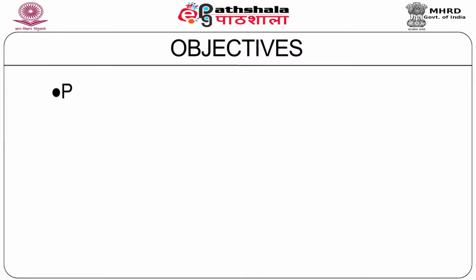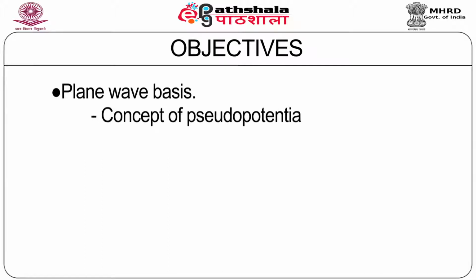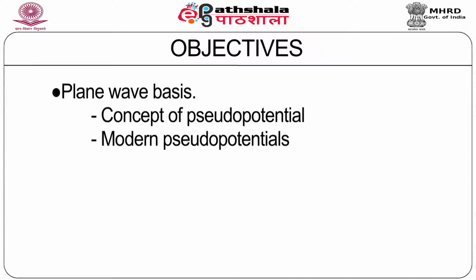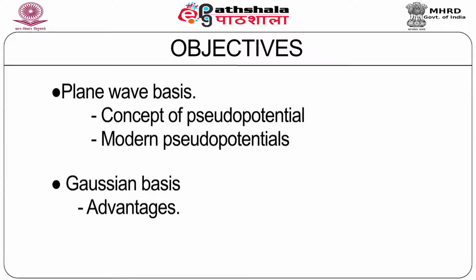In the context of plane wave basis set, we will discuss the concept of pseudopotential, which is an essential concept for implementation of plane wave basis. We shall discuss a few modern pseudopotentials which are used in the codes in recent times. We will discuss the Gaussian basis set, its advantages and practicality of use.